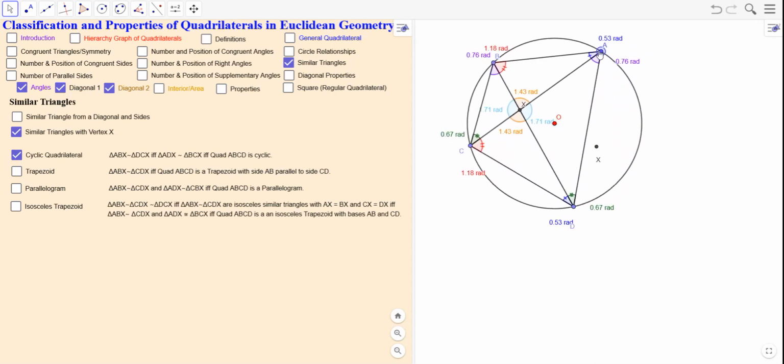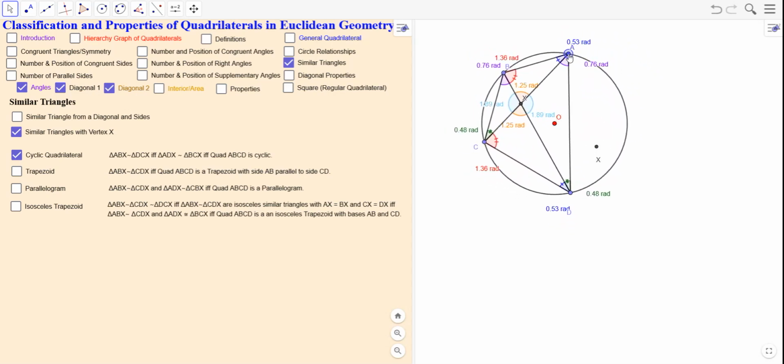See, that's going to work no matter where you put it there. So you get some interesting triangles there that are similar to each other. So that's another thing about these that gives you an interesting property about cyclic quadrilaterals. Okay, so that tells us several things about cyclic quadrilaterals.